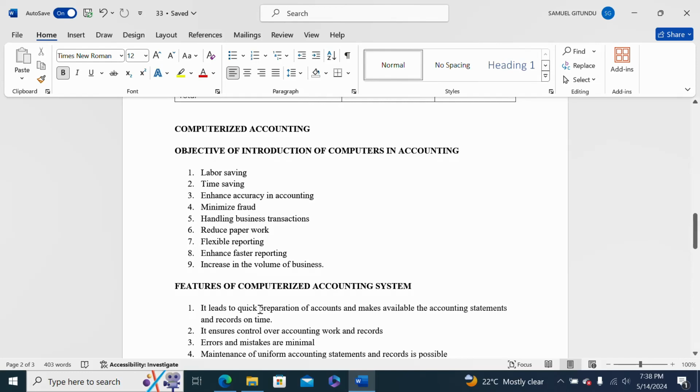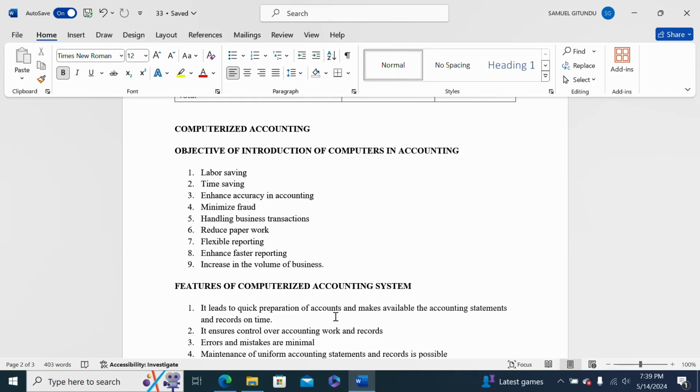The first feature is that computerized accounting systems lead to quick preparation of accounts and make available the accounting statements and records on time. So that is the first feature. When you have a computerized accounting system, software such as QuickBooks and Excel make the preparation of financial accounts very fast.